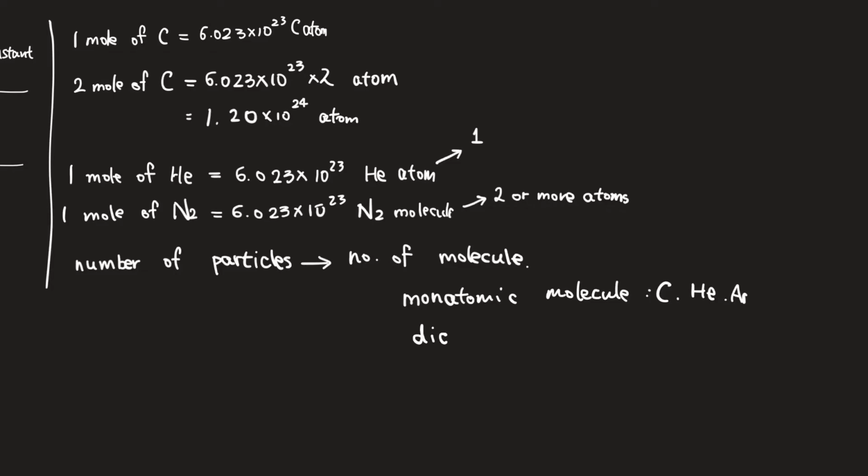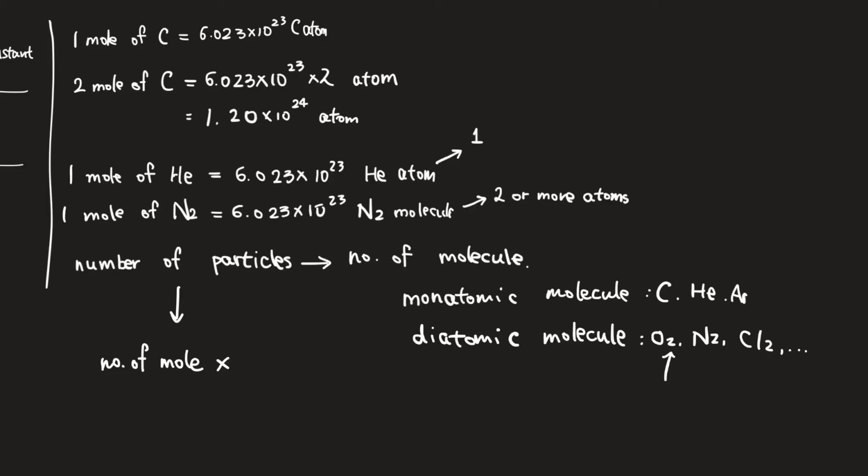But something like oxygen, nitrogen, chlorine, formed by 2 atoms, is what we call a diatomic molecule. But no matter what, when you find out the number of particles, you just have to consider the number of mole times this Avogadro constant or number. It's very straightforward.